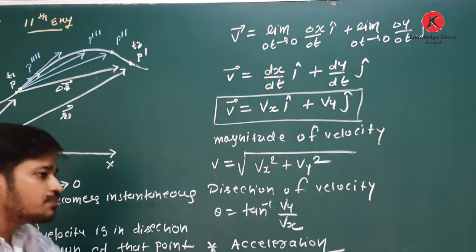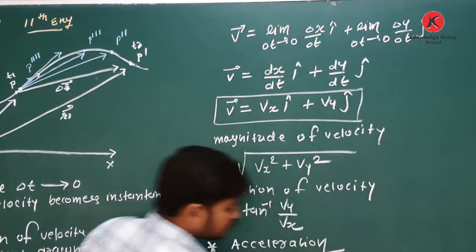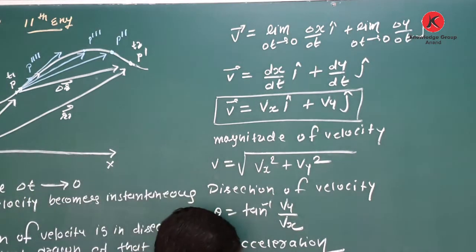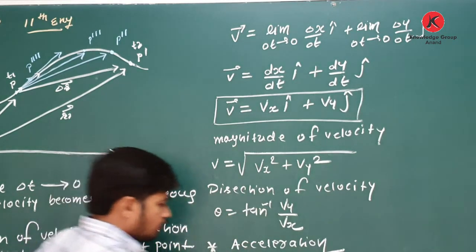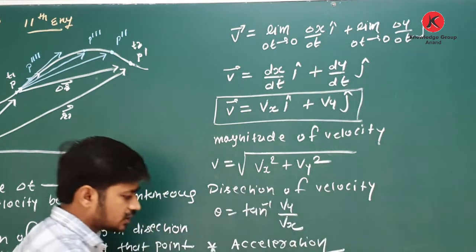Now I will consider one path. Suppose it is one path. Initially, the particle is here at this point, at time t1, at point P. Clear about this? Finally, it is here after some time, at time t2, at point P dash.